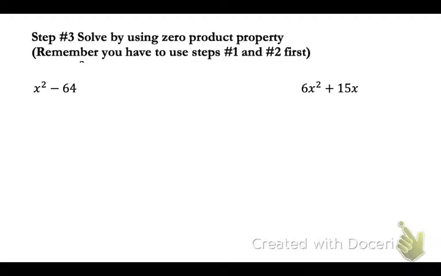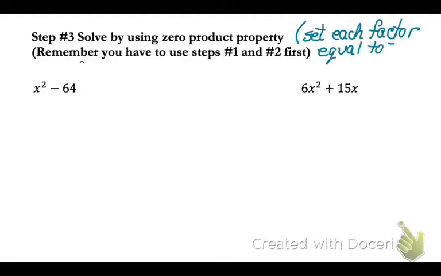So we're adding in step 3 of the factoring solving process, which says after you have factored, solve by using the zero product property, which means that you set each factor equal to 0. But remember, you still always have to do step 1 and step 2. So let's look at this first one. It says x squared minus 64.